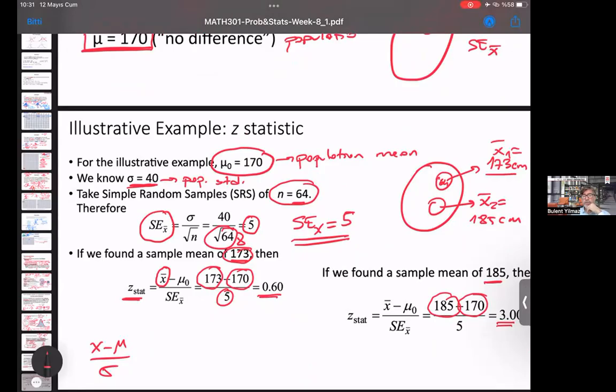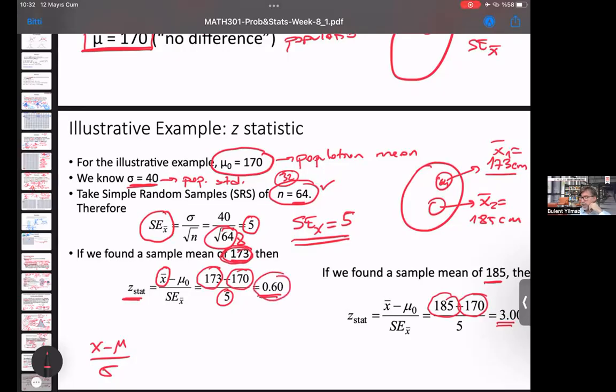For that specific example, I chose 64 people and I found 183. If this was not 64 but 32, my sample mean would be different, right? And then I would find a value, and I would do conclusions, or some inferences about the thing that I found.